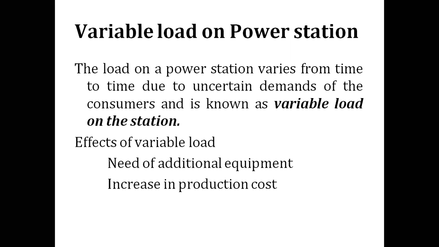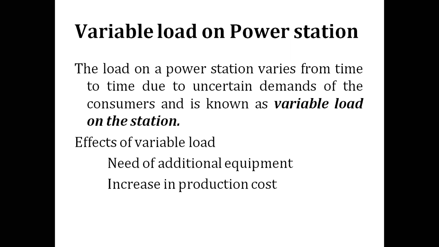So from 6 evening to 10 evening, both the loads will be executed, and from 10 to 12 midnight, your commercial load will be equal to 0 and your residential load will start increasing.